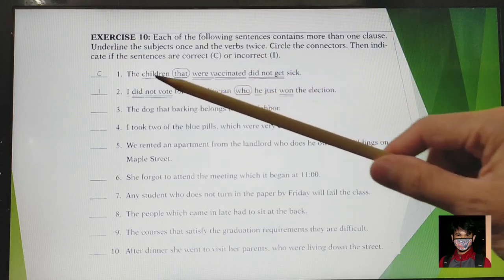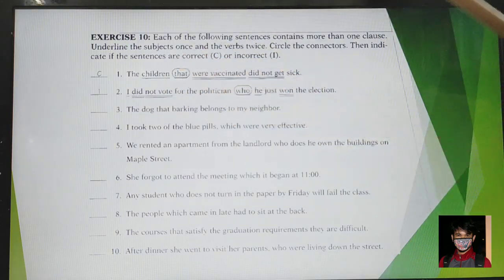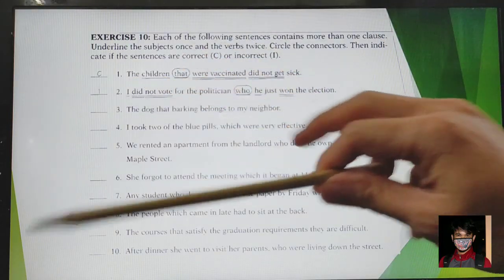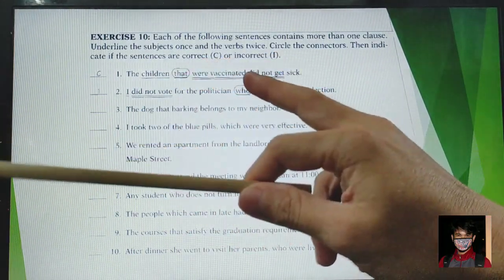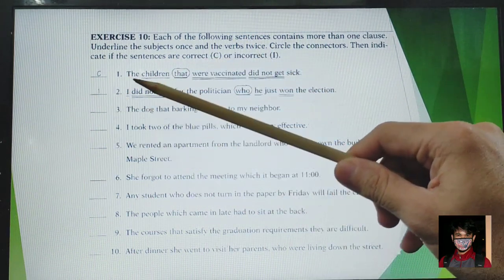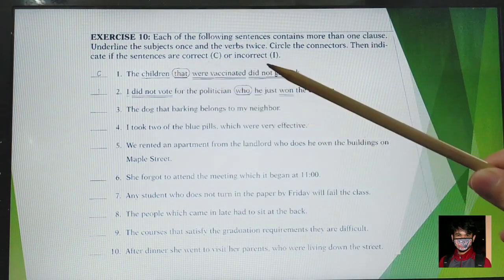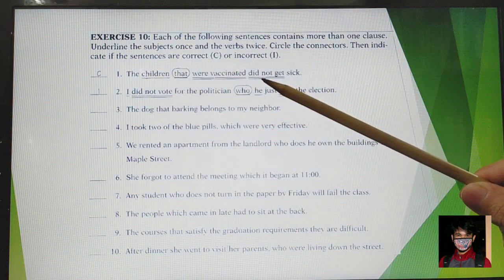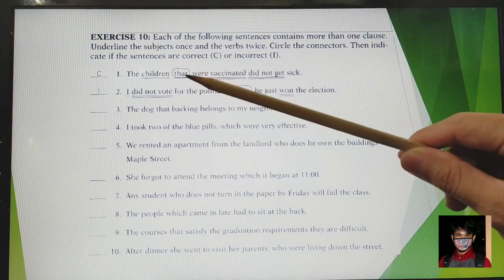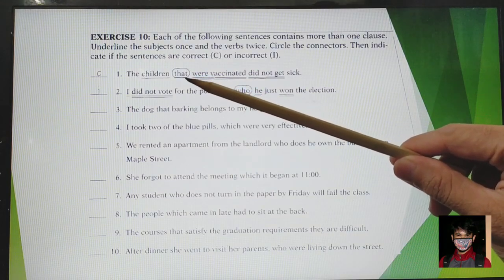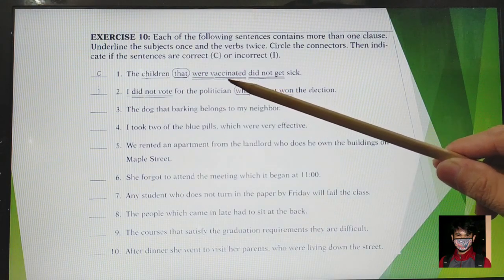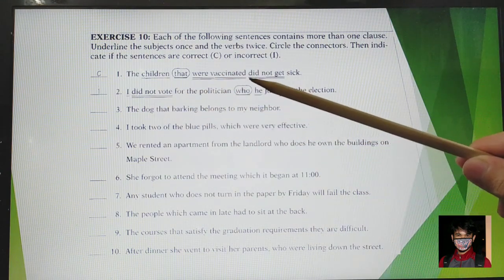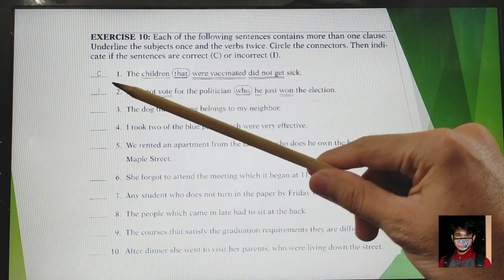Let's make it quick. If we omit this, the children did not get sick: subject, and this is the main verb, did not get sick. And this is the adjective clause connector followed by were vaccinated. The children that were vaccinated did not get sick, so the sentence is correct.